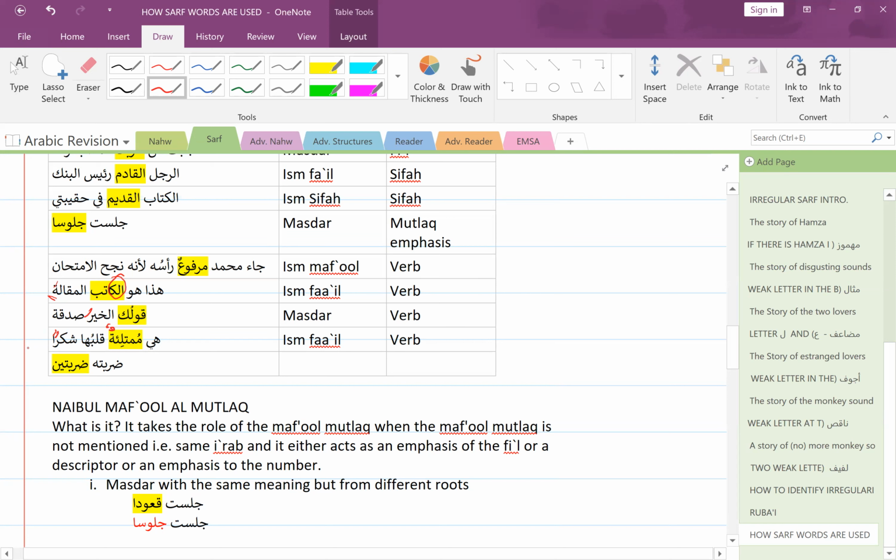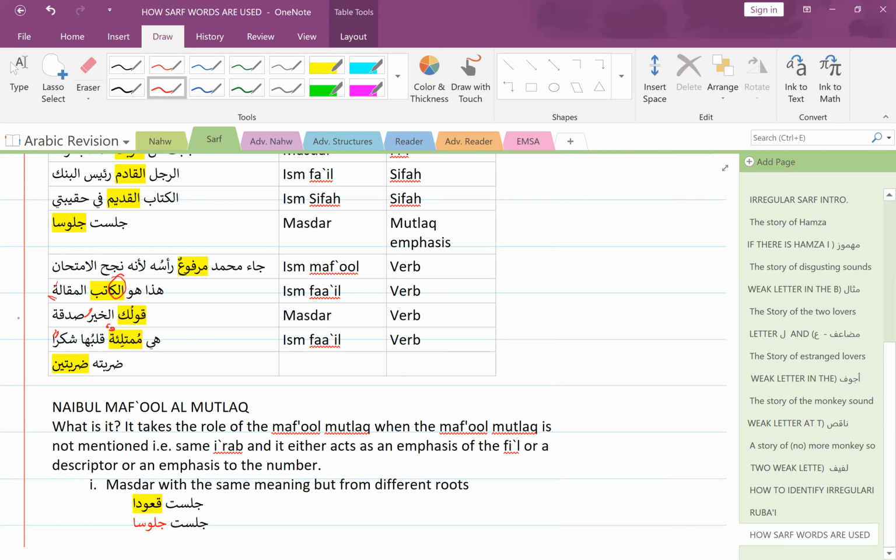Will it, with kana, be marfu, right? Sorry? Ismu kana is قلب, marfu. Yes. So قلبه. Okay. Because the ism here is قلب. Oh, fa'il. mumtaliyatun would not play the ism of kana.